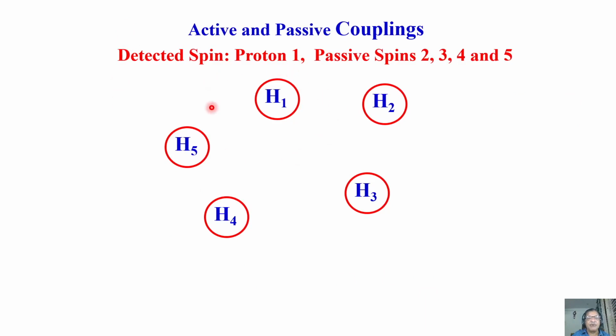Now, let us extend the logic. I am going to consider proton 1. I will detect this one. That means I am at the chemical shift of proton 1. Let us say proton 1 is here. This is coupled to proton 2. What is its coupling strength? J12, because I don't know what the value is, but it is coupled to proton 2. It is also coupled to proton 3, J13.